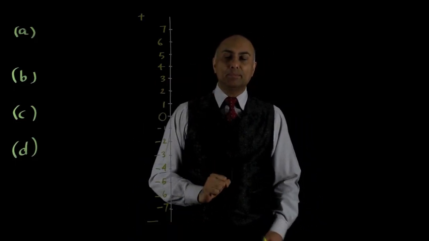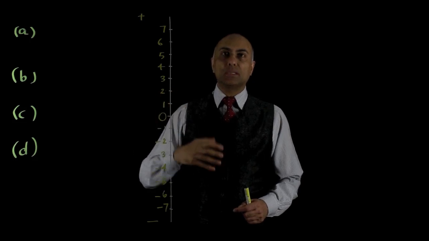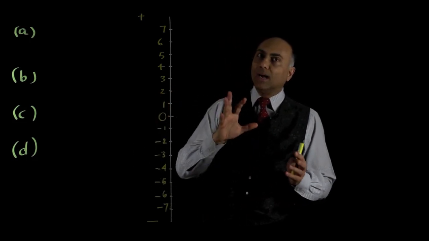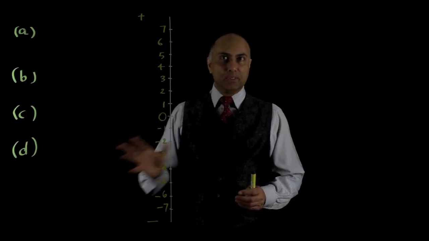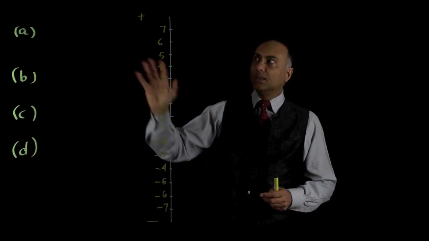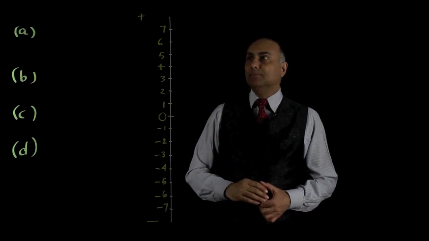So let's look at this piece of the number line to see what it is useful for. Well, I've marked out 4 separate uses of it. Label them A, B, C, D.